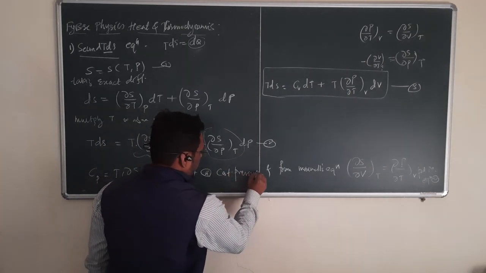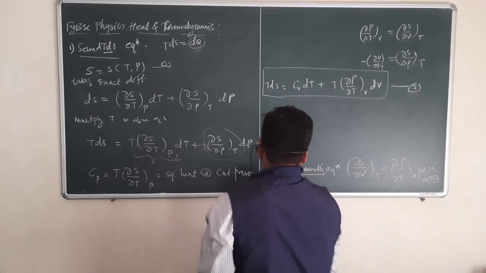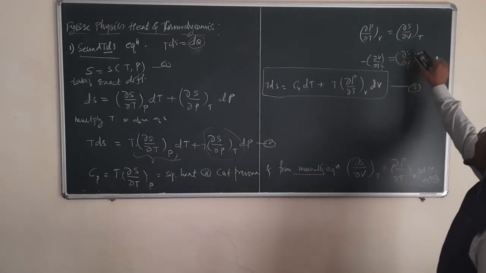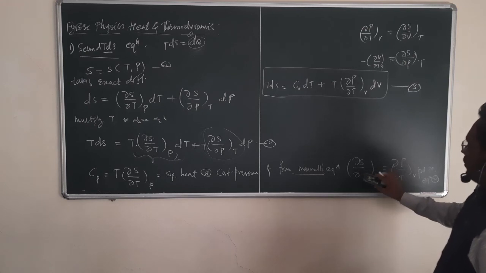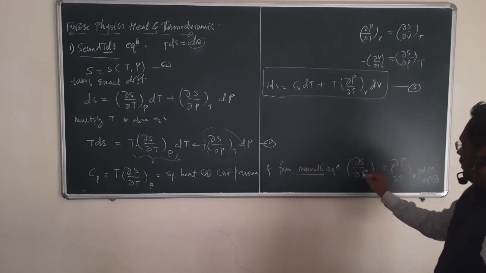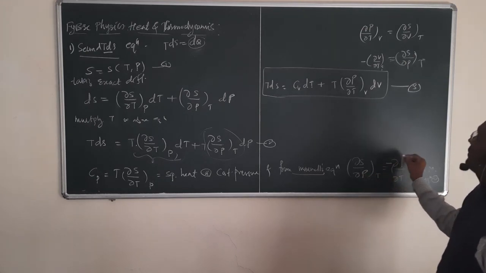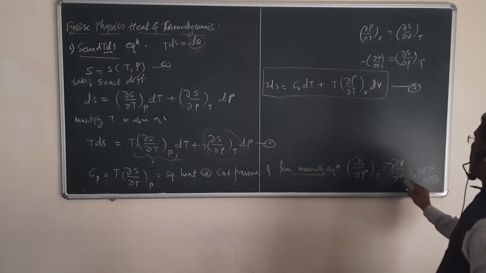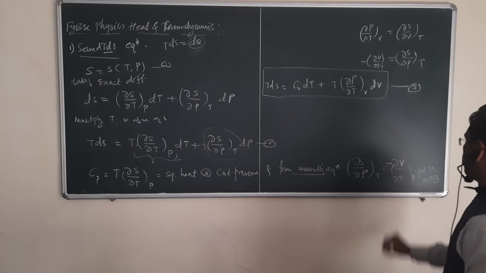Again from Maxwell's equation, which I have written over here, the partial derivative of S with respect to pressure at constant temperature is minus the partial derivative of volume with respect to temperature at constant pressure.